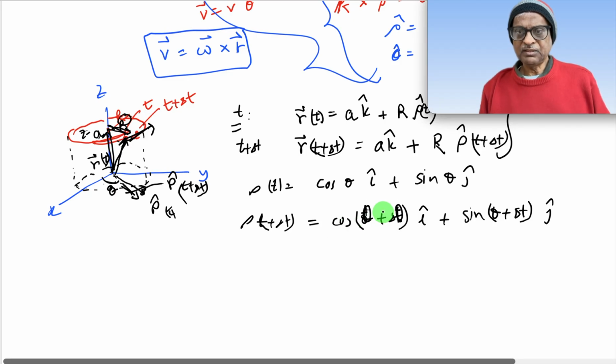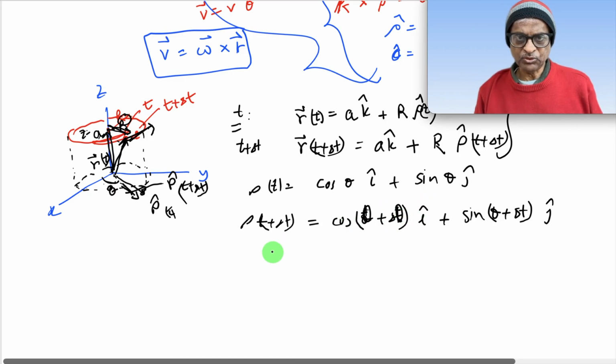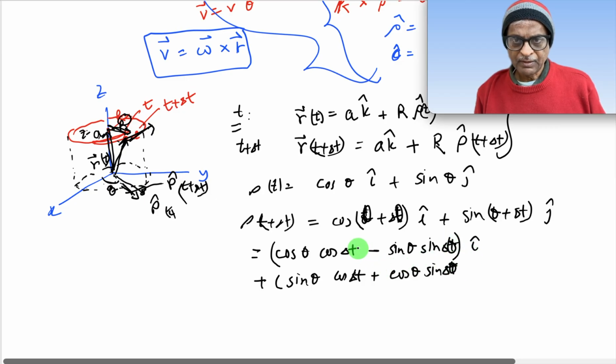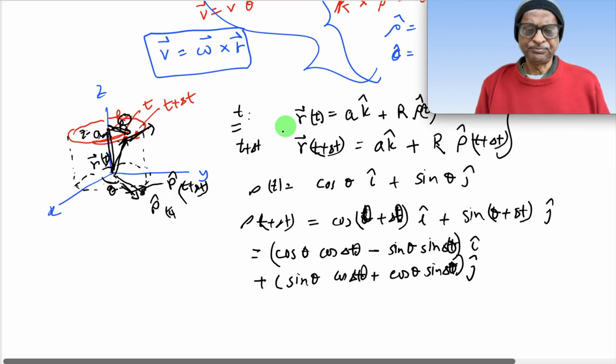Now we're looking at a small delta theta, so we expand this as cosine theta cosine delta theta minus sine theta sine delta theta i hat, and similarly sine theta cosine delta theta plus cosine theta sine delta theta j hat.